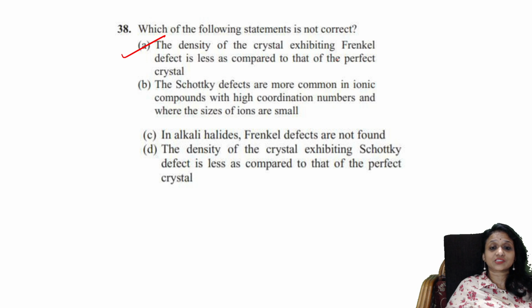So a perfect crystal is no problem, but when there is Frenkel defect, the density of the crystal will change due to the defect. So first option only is not correct. They said it is less. But what is the correct option? It will be more. Right? It will be more. Yes.